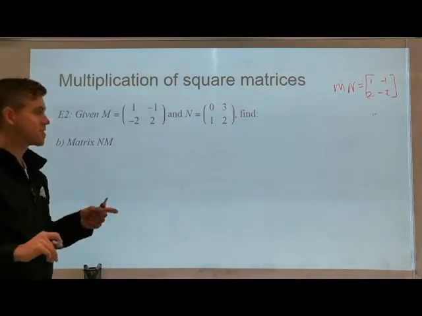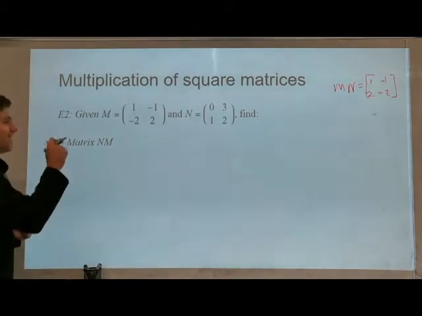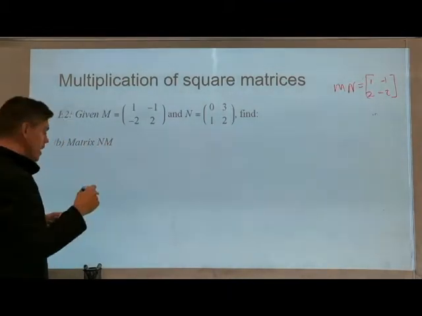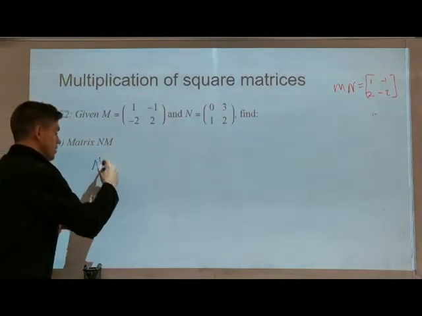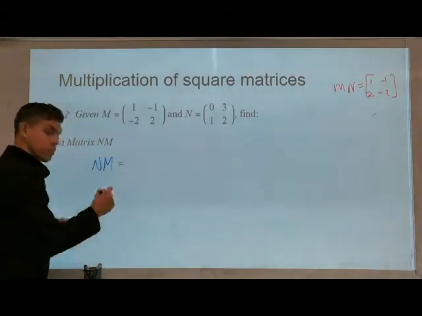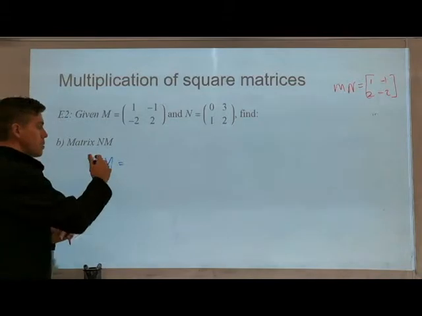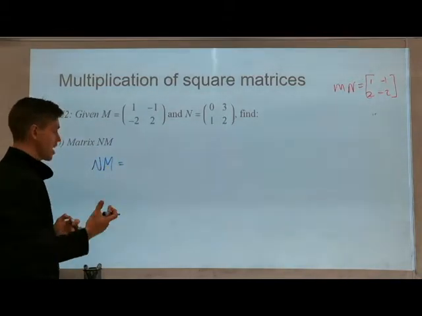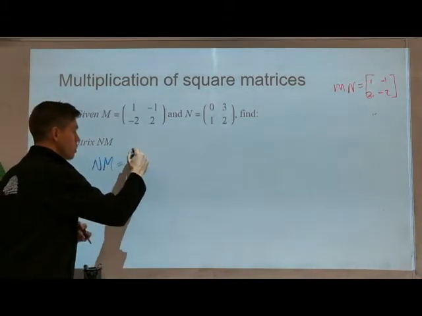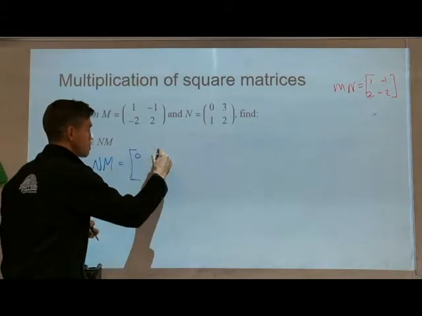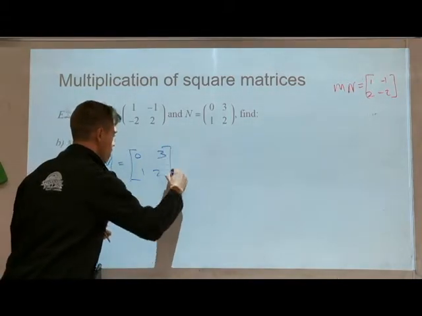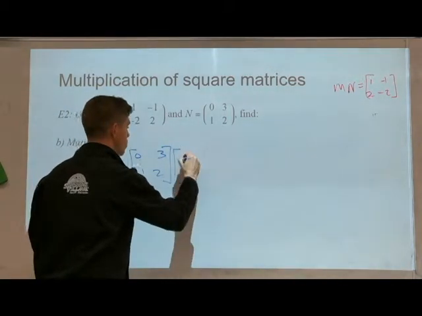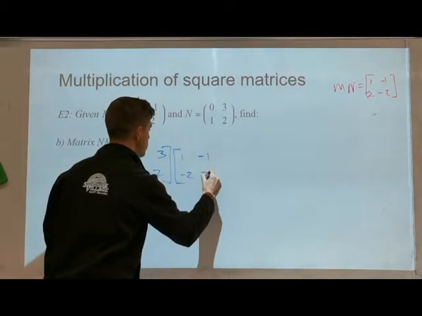So as you can see, Mr. Zoo's just written up the red result from the last page. And what we're going to do is to see if, when multiplied in the reverse order, as is the case with numbers, will the result actually be the same? 1 minus 1 minus 2, 2.